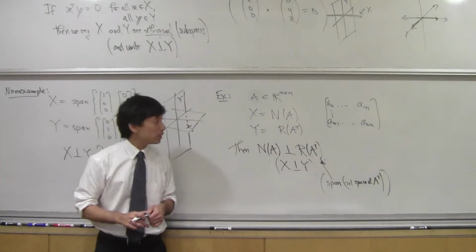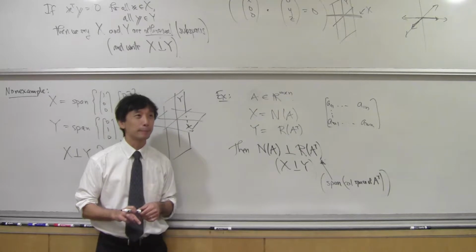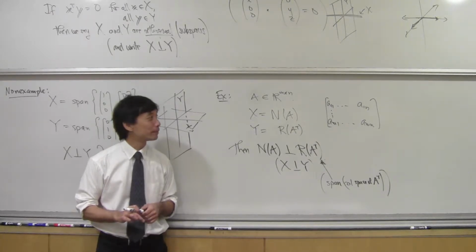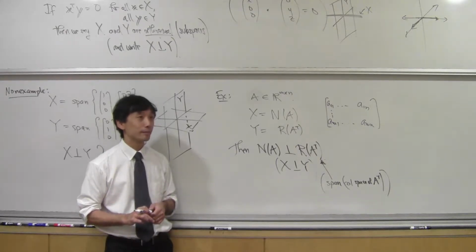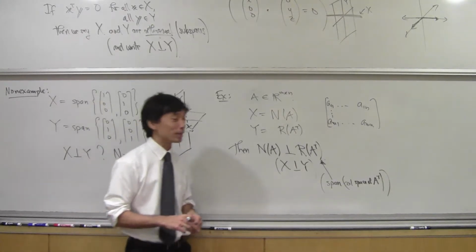Why does this make sense? Anybody tell me, Montana? The column space of the transpose of A is equal to the row space of A. And the null space of A is any vector such that a1 x1 plus a2 x2 and so on equals 0. Yeah, exactly.